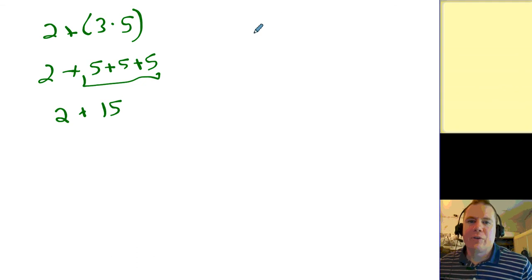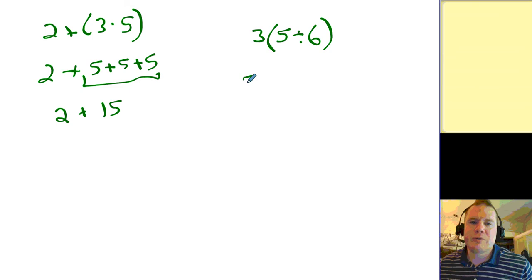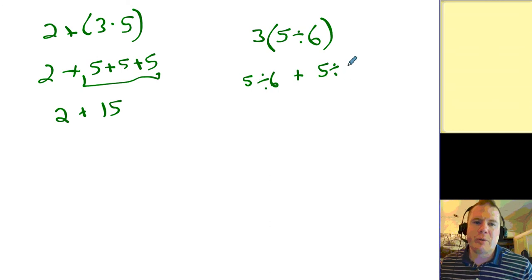Just like 3 times 5 divided by 6. This is not addition that's being done 3 times. 5 divided by 6 plus 5 divided by 6 plus 5 divided by 6.